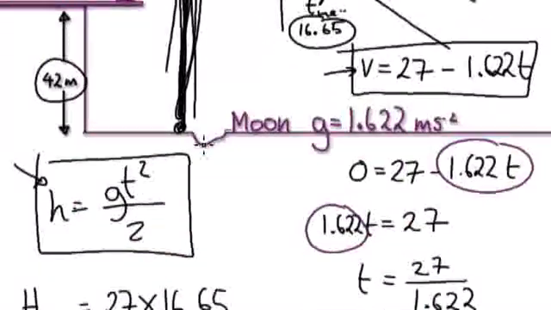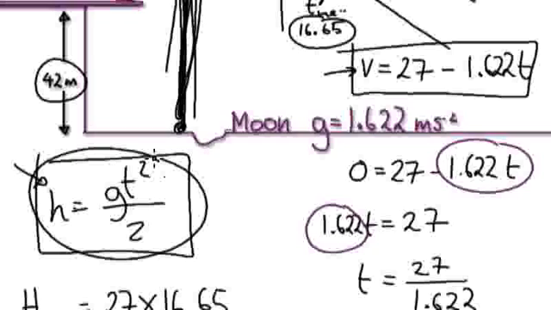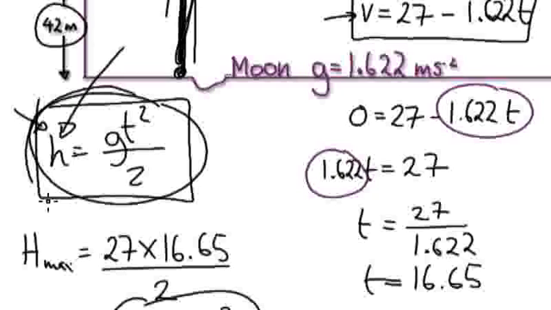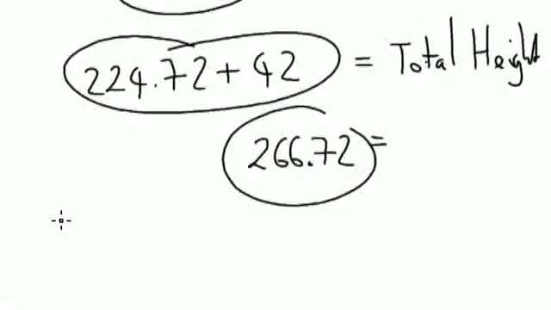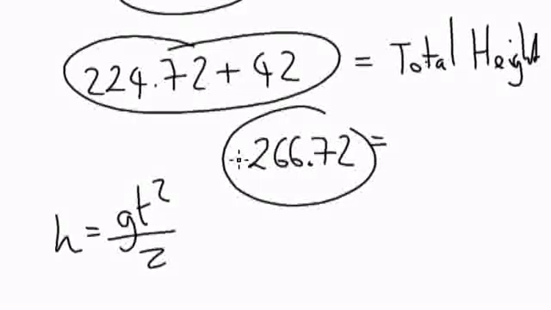Now we're going to free fall. So how long will it take to free fall for that height? So now we're going to use this formula here: h equals g t squared over 2. Put this thing into the h here.